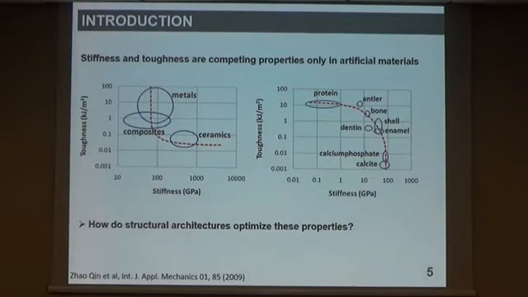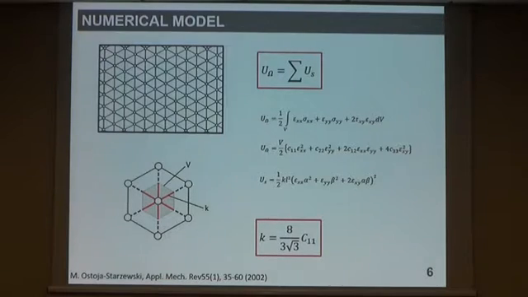To give some evidence of optimization through structure, we developed a numerical model, which is based on so-called lattice models, spring networks. Basically, the domain is discretized in a set of nodes. The nodes are connected, bonded in a network. You can define the stiffness of each bond based on so-called homogenization, so we have the equivalence between the stored strain energy of the continuum and the sum of the stored strain energy of the bonds.